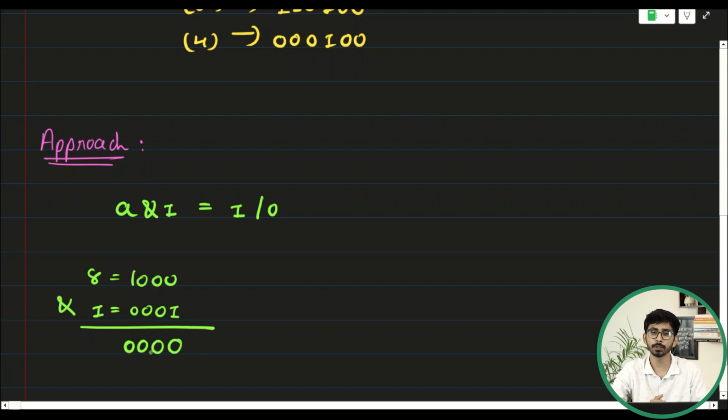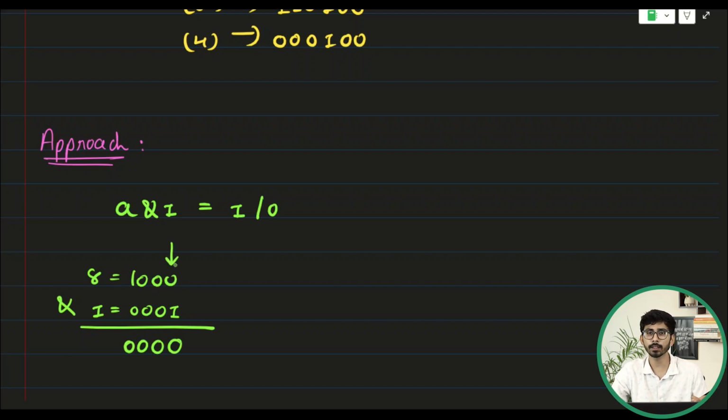That denotes that the last bit of 8 is 0. If the output of AND operation with 1 is 0, that means the last bit of 8 is 0. Now let's say there was 9 instead of 8, and if I do AND with 1, you will see that the output comes out to be 1.